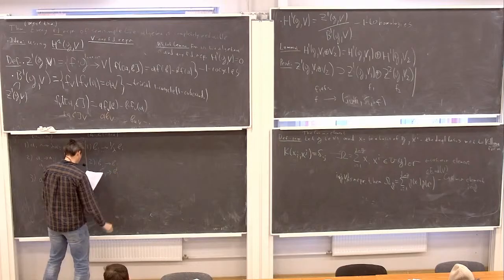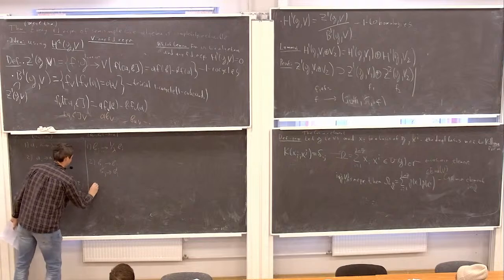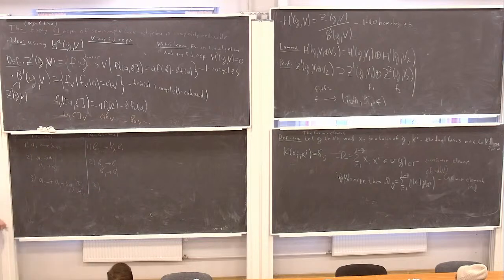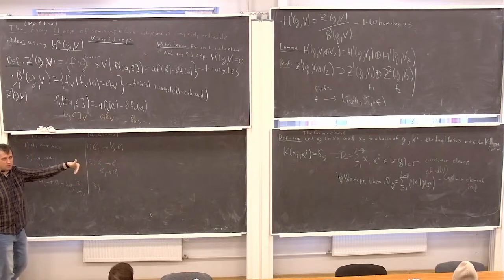And for the last, the most interesting one, how is the dual basis changed under this? I mean, all others are the same, but here it's also obvious that omega is the same, right? You just exchange.